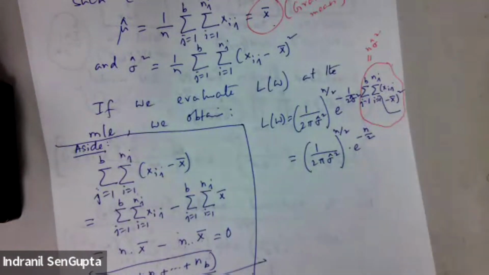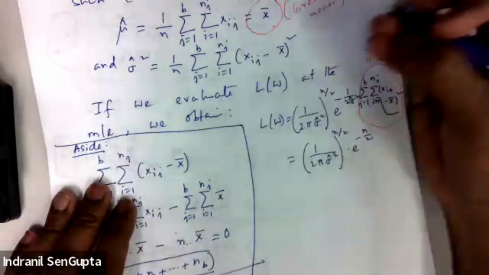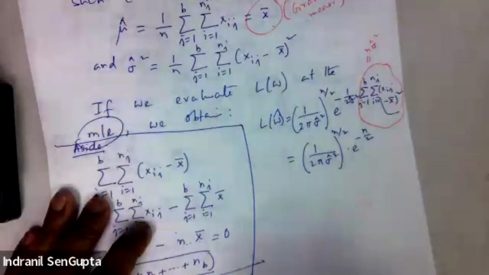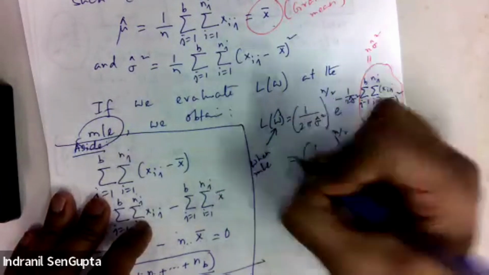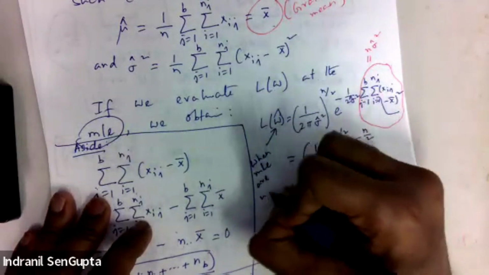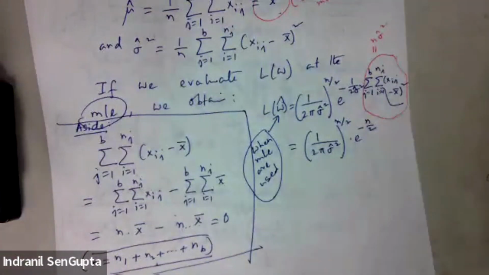This is when I evaluate L of omega at the maximum likelihood estimates, and let's write this as L of omega hat. Omega hat is when the MLEs are used for computation. And that is what we get.